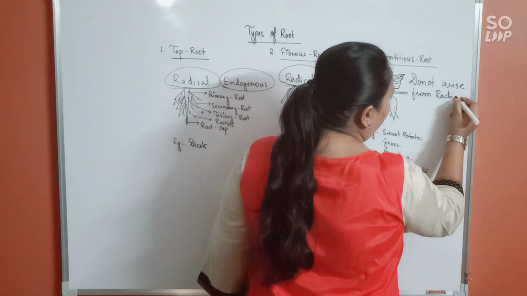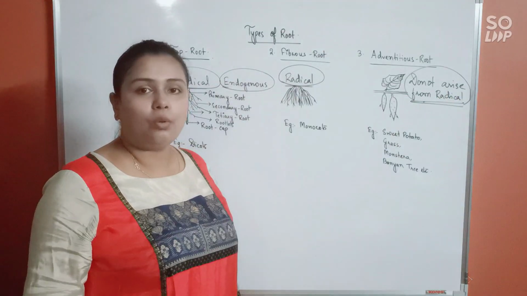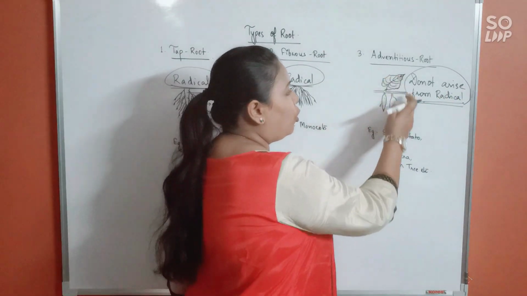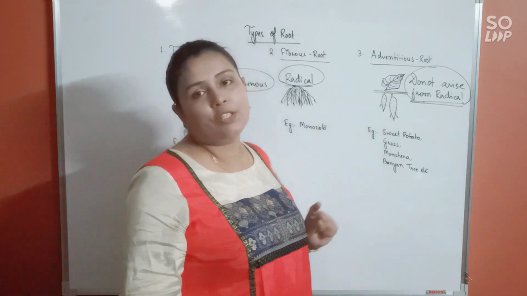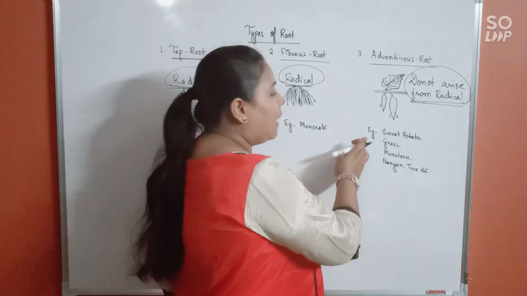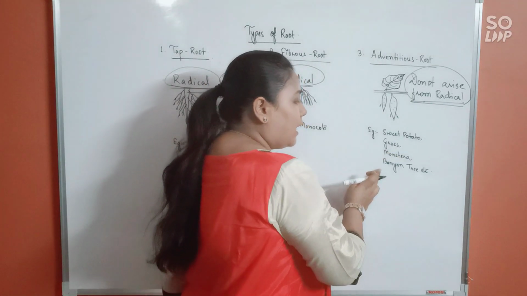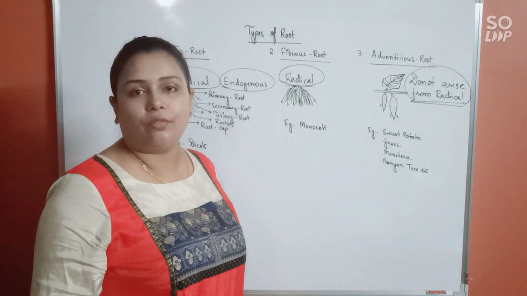This is very, very important. Alright. In the diagram I am showing you the adventitious roots of sweet potato. Other examples are grass, monstera, banyan tree, etc.